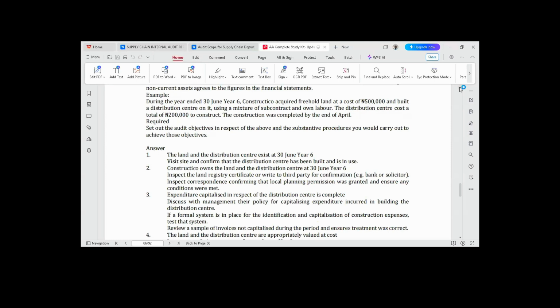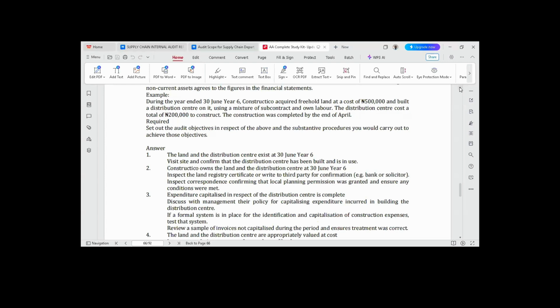Then you discuss with management their policy on capitalizing expenditure. There's an organization that will tell you that any asset below 100,000, they write off at once. For instance, if they bought a printer that is 100,000, you write it off in some organizations.